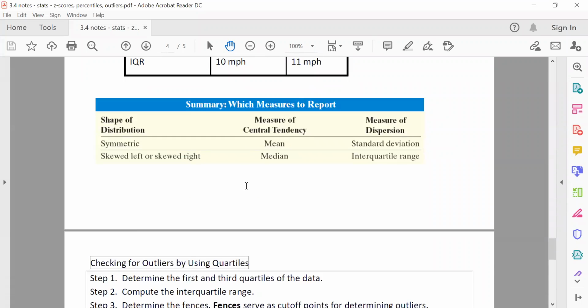So here's the thing. If you have a symmetric data set, something that follows a nice bell curve and behaves appropriately, the best measure of central tendency to use is the mean. And the best measure of dispersion, of how much the data values spread out, is the standard deviation. That's going to be the usual tactic we employ: we use the mean and standard deviation.